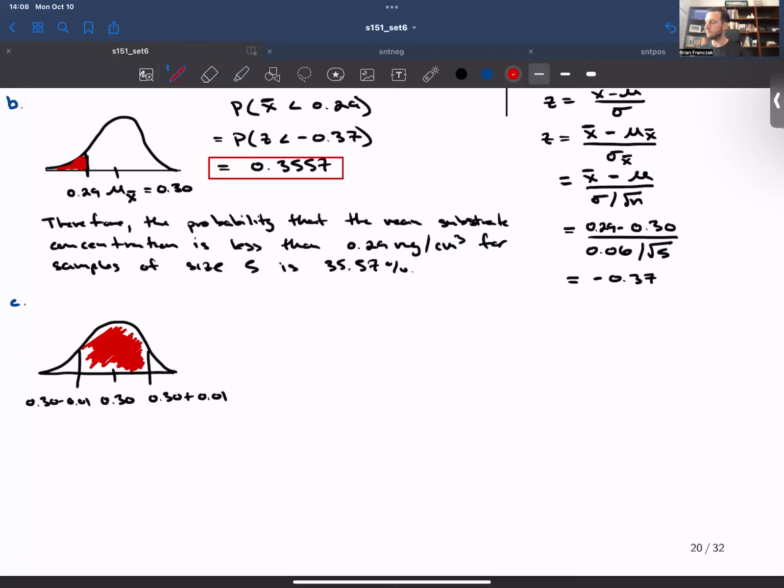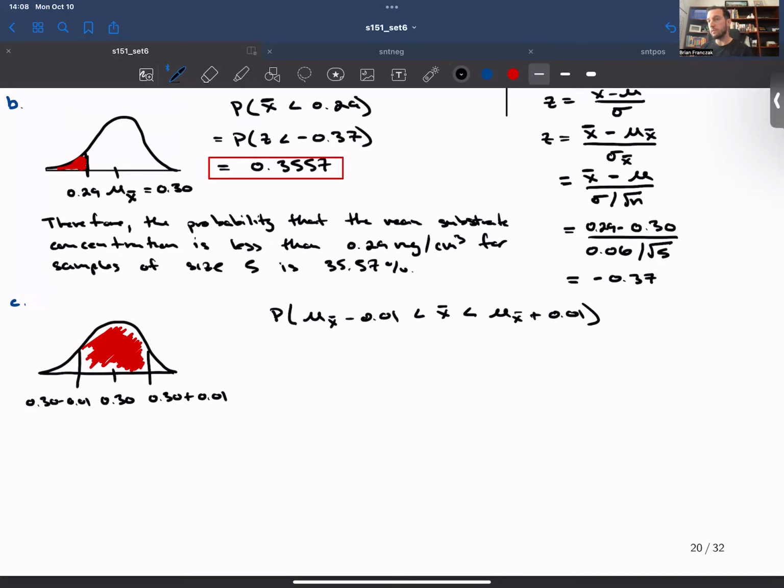In terms of a probability statement, we can start by saying, what is the probability that mu x bar minus 0.01 is less than x bar is less than mu x bar plus 0.01. That's what it means to be within 0.01 units of the mean of x bar.